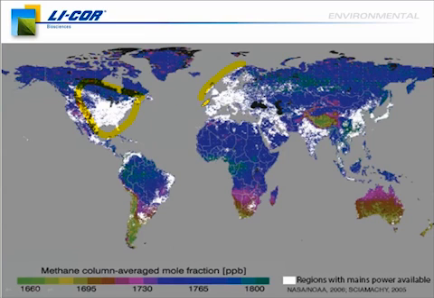Those are areas of the world where you can readily access mainline power to run instrumentation. Now the areas that are green and purple and kind of yellow, those are the areas where there's either sources or sinks of methane. There are fluxes that are interesting in these areas.